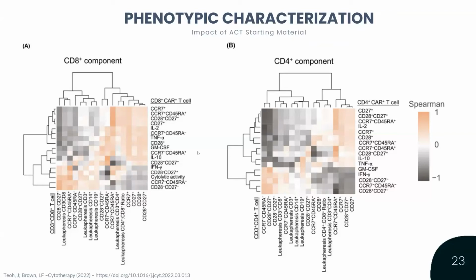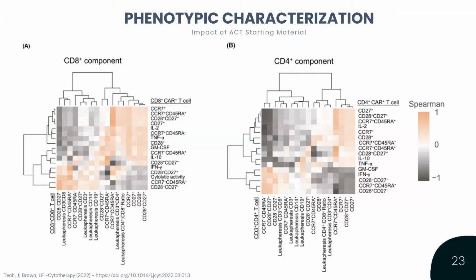And what you're looking at are the CD8 positive cells and CD4 positive cells, and a heat map of Spearman correlations. Spearman correlations are essentially non-parametric measures of ranks.